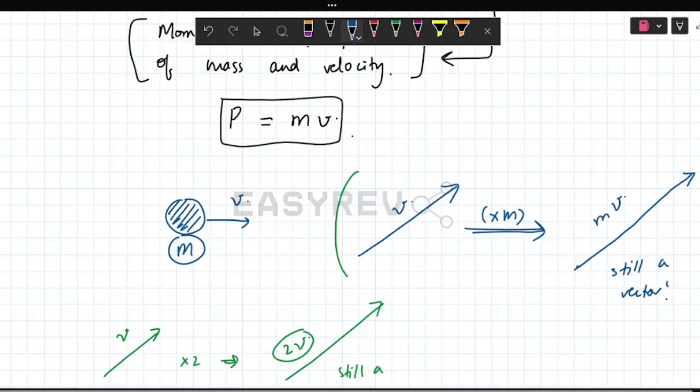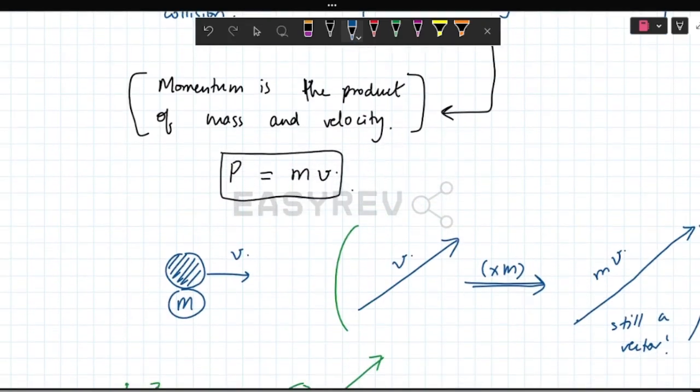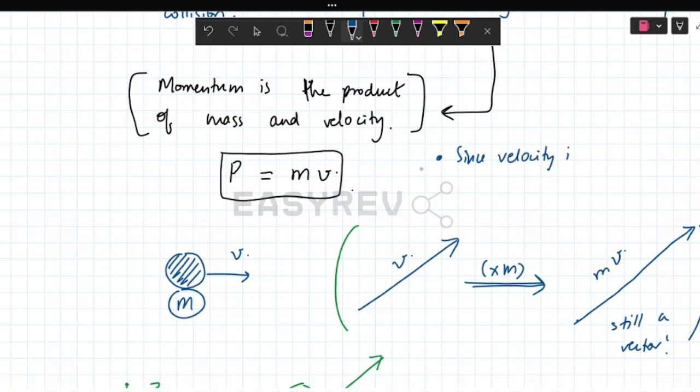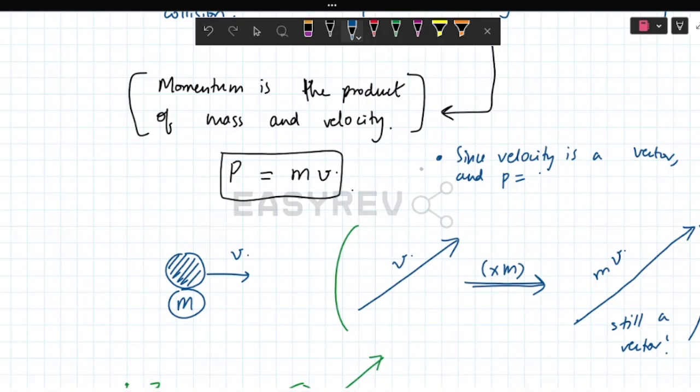So this goes to show that momentum, since velocity is a vector, first of all, I'll write it down here. Since velocity is a vector and for momentum, you have a scalar mass multiplying by this vector quantity v.